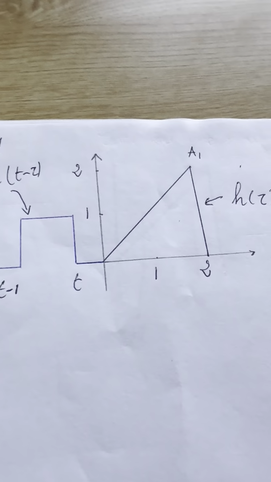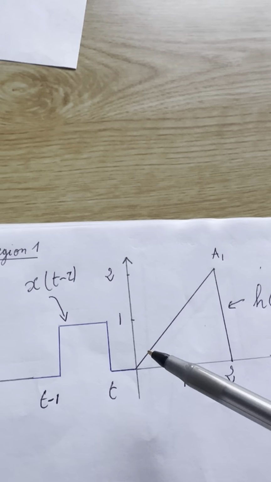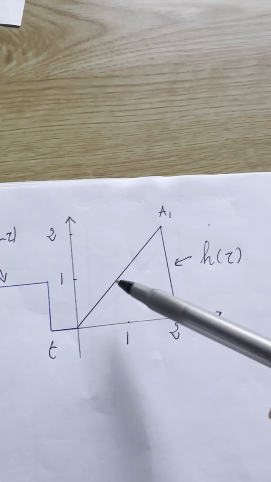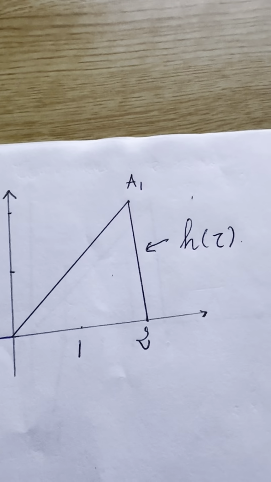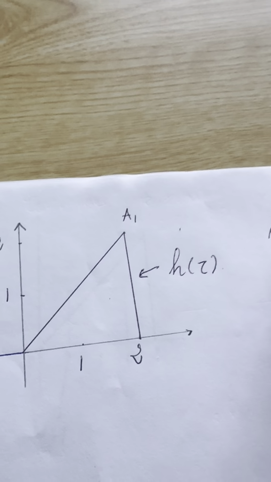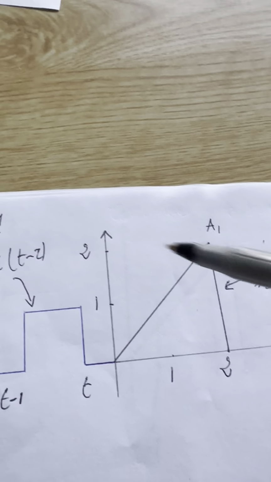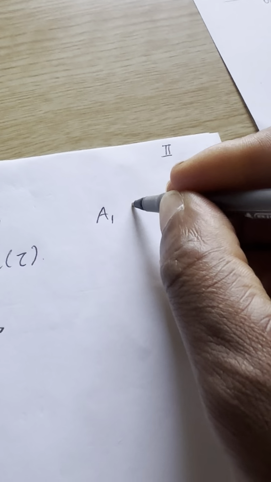First thing we need to find the equation for this line. Here we have a point at 2 and 2.